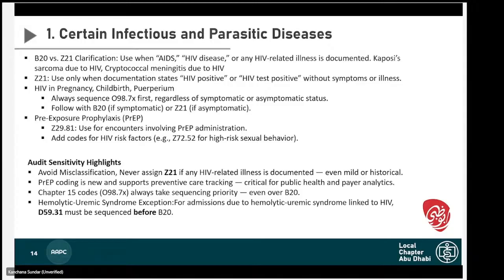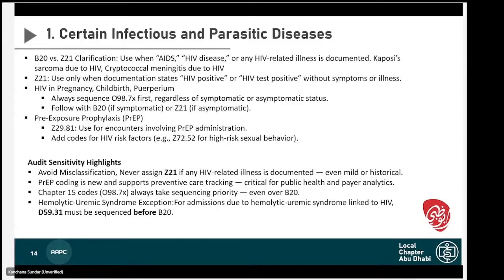And chapter 15, I think we have overemphasized the importance. I wanted to bring this last point, though it is not a change. I thought it is a good time to discuss hemolytic uremic syndrome, because this has an exception. There is no change in 2026 on this guideline, but I wanted to emphasize this point again because we see a few errors in this coding.